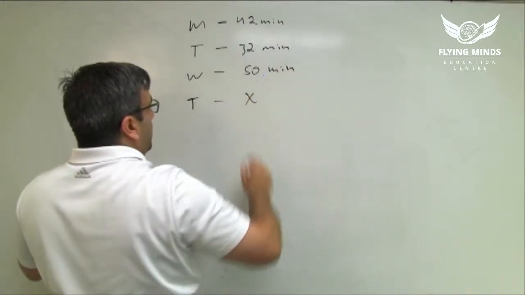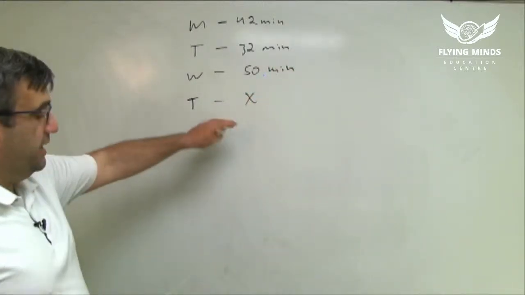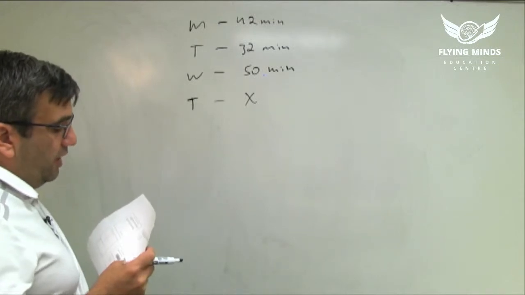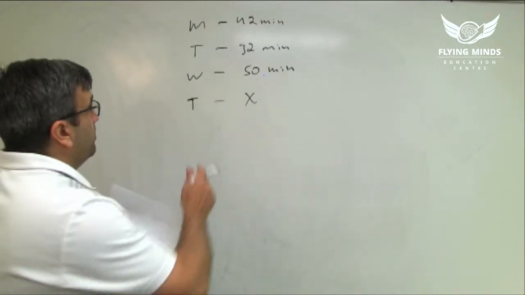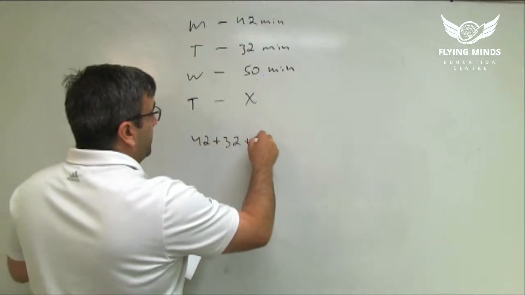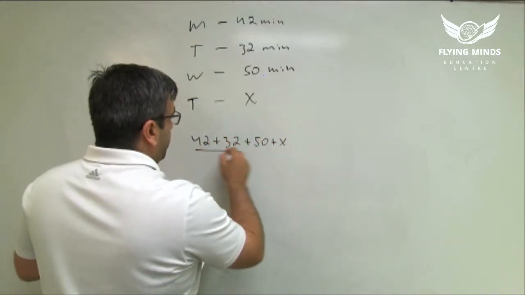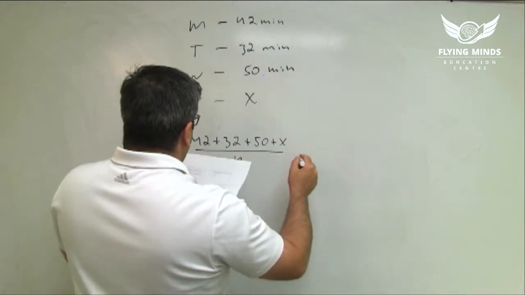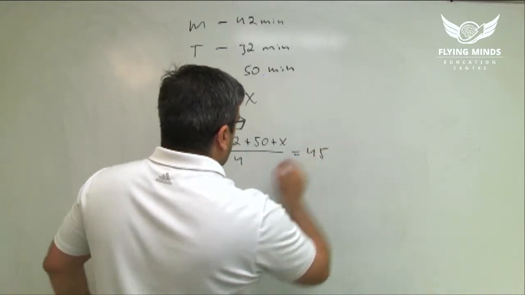We need to figure out how many minutes she played on Thursday, right? So the average is 42 plus 32 plus 50 plus x divided by 4 equals 45, right?